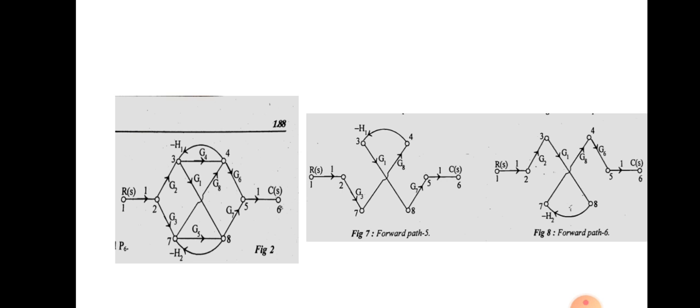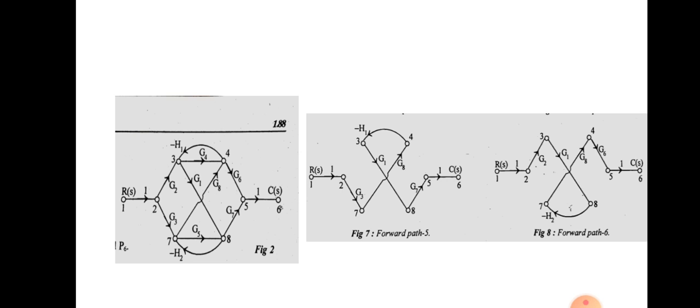The 4 to 3 path is a curved path. Actually, this is not the straight line path, because the arrow mark direction is inversed in the case of the 4 to 3 direct path. So when we are going from 4 to 3, it should be in the same direction. That is a curved path. And then 3 to 8 and 8 to 5 and 5 to 6, that is a forward path.